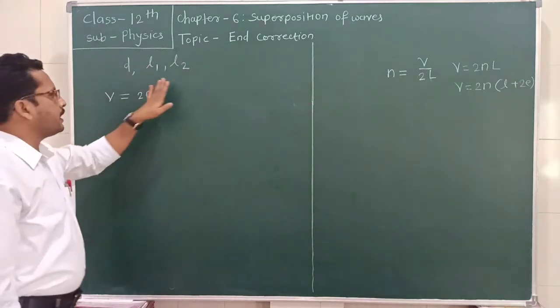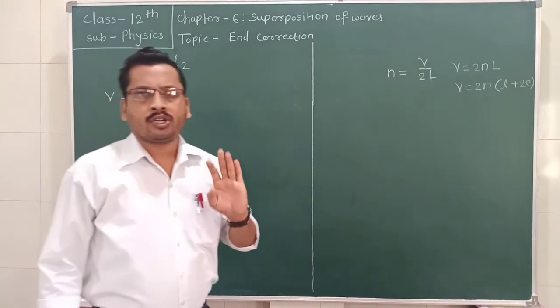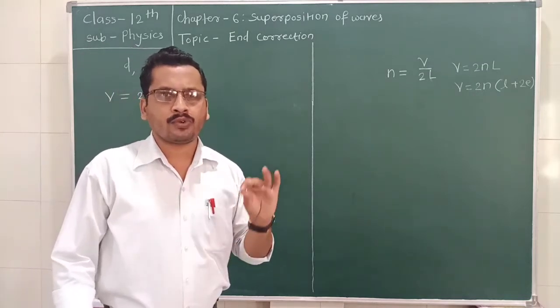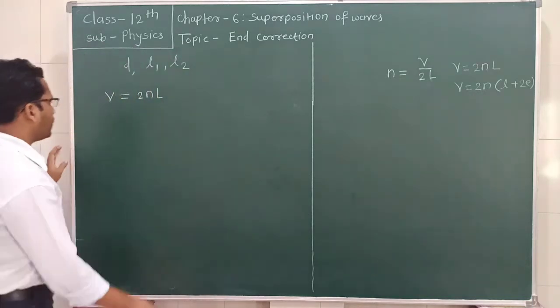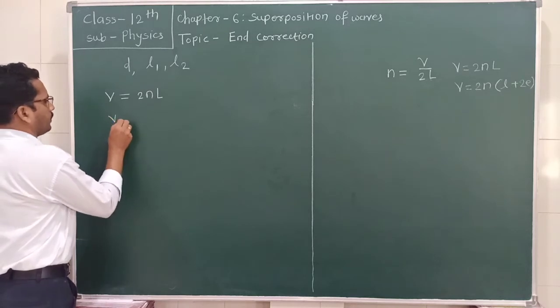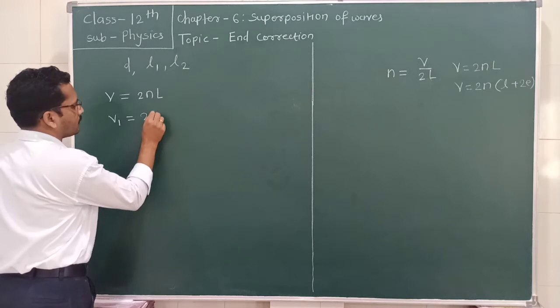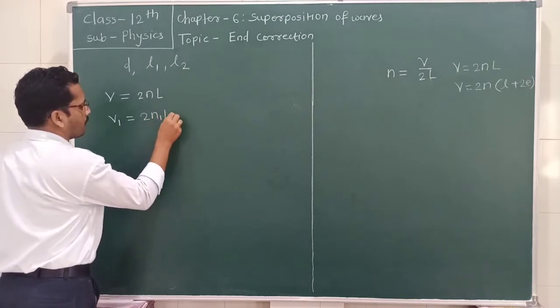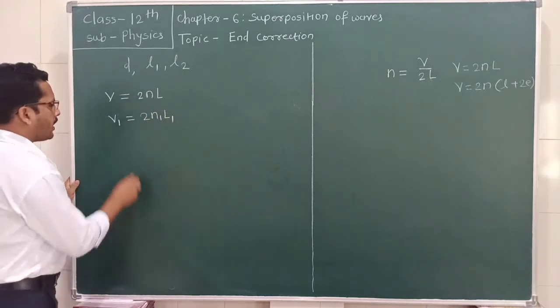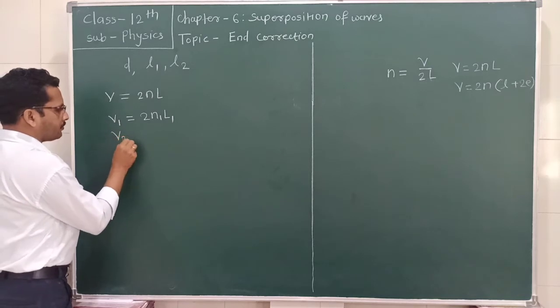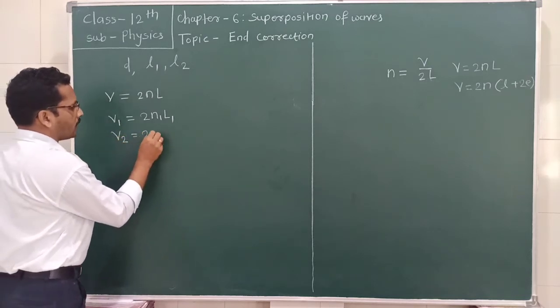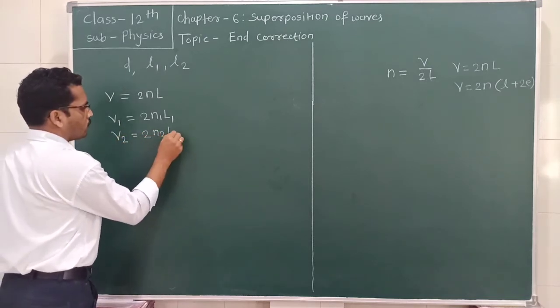Now we are considering two pipes. So for the first pipe, the velocity V1 is equal to twice N1 L1, and for the second pipe V2 is equal to twice N2 L2.